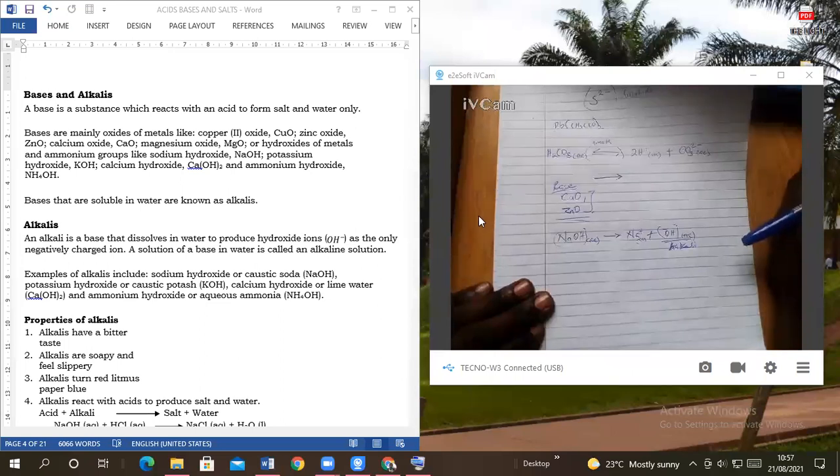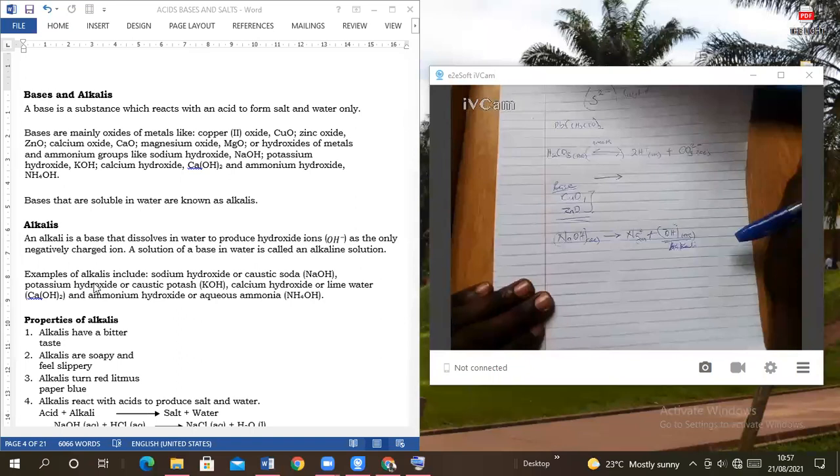It produces hydroxide as the only negatively charged ion. So if you look at these examples here, we have sodium hydroxide, potassium hydroxide, calcium hydroxide, ammonium hydroxide, aqueous ammonia. This is what we use.